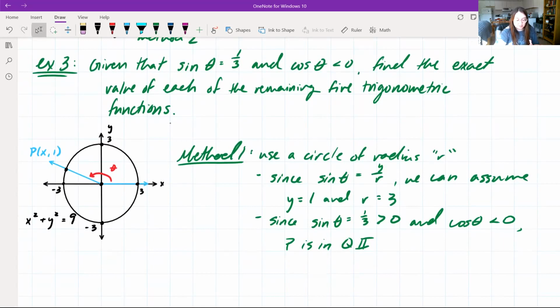So we're looking at a picture here. We see our radius is 3, our point is in quadrant 2, and we have a circle. We can use the equation of a circle to solve for our values, specifically x, since we already know what y is.